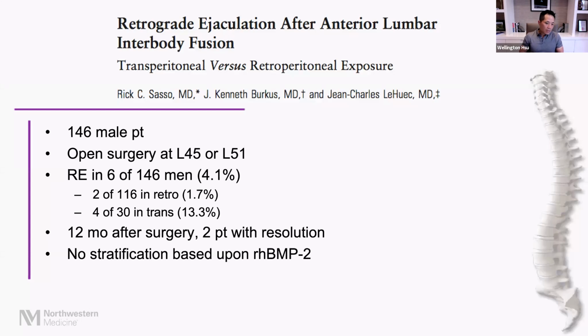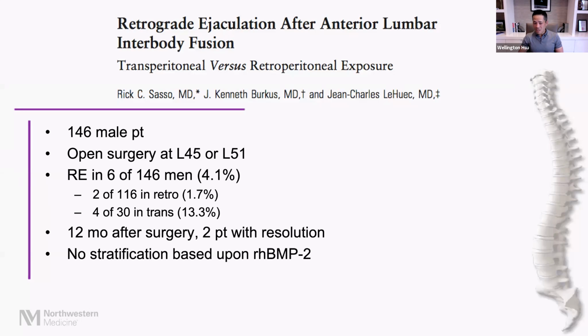Retrograde ejaculation occurs. The most common rate that's cited for patients is about 4%. I think it's much lower than that, especially in our experience here at Northwestern. And I think the 4% number is a more archaic number in that it includes transperineal approaches.